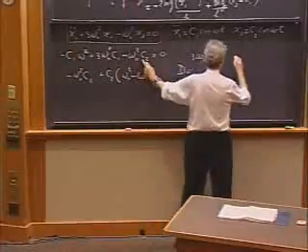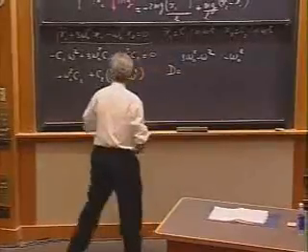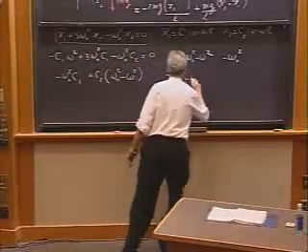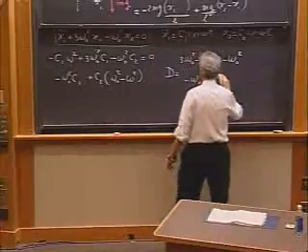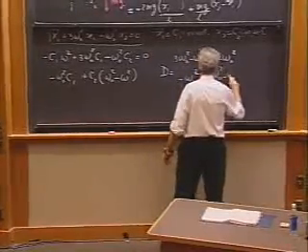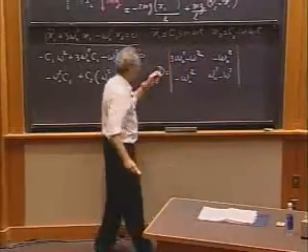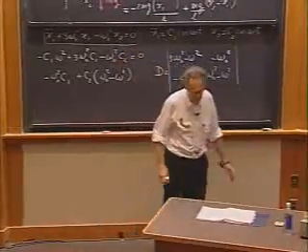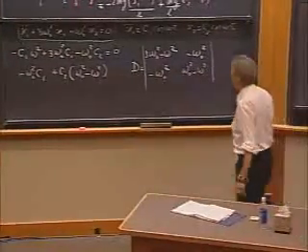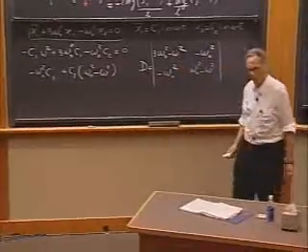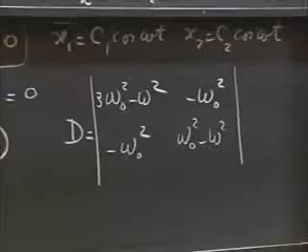Then I get here minus omega squared. That's the C2. And then I get here minus omega 0 squared. And here I get omega 0 squared minus omega squared. And the determinant of this, that's D. And I presume you all know how to get the determinant of this very simple matrix. We'll do that together, of course.